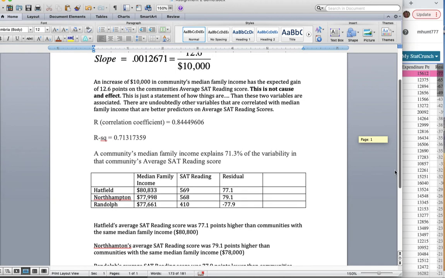We picked up on the communities that had standardized residuals either below -3 or above +3. The first two are above +3. The last one is below -3.